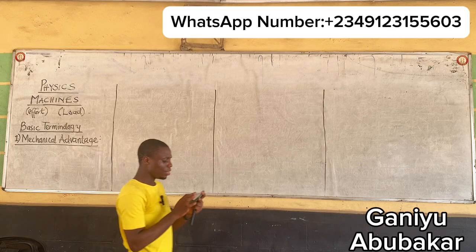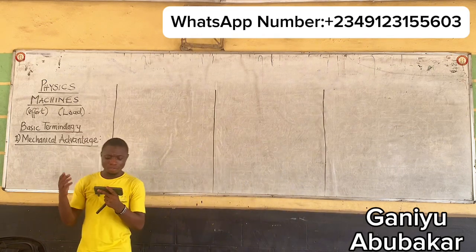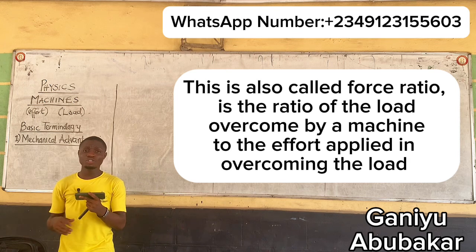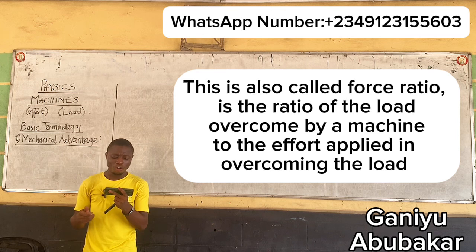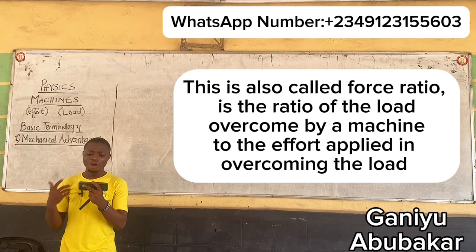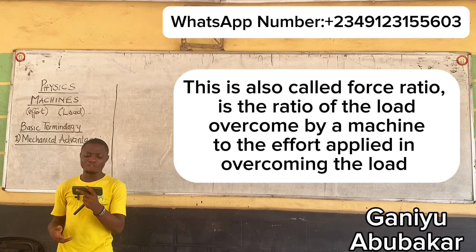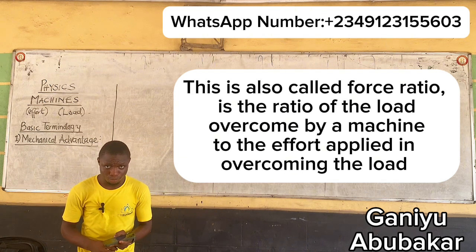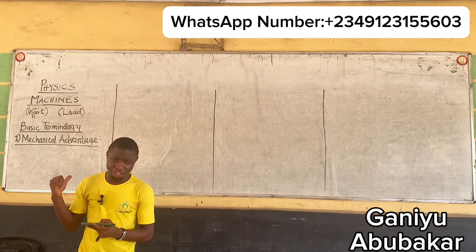Let's discuss mechanical advantage. Definition: this is also called force ratio. It is the ratio of the load overcome by a machine to the effort applied in overcoming the load. That's how you define mechanical advantage.